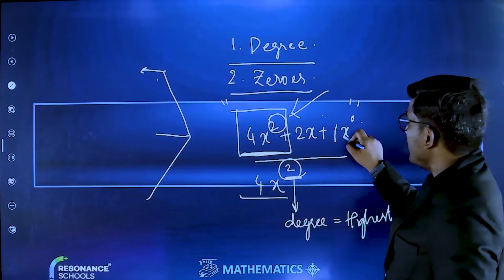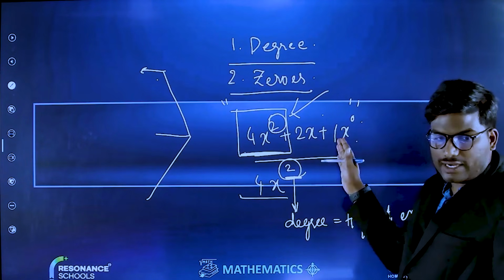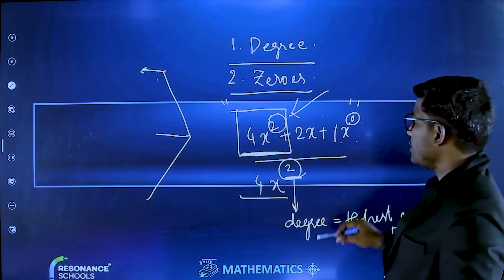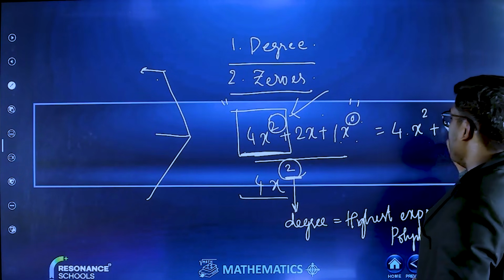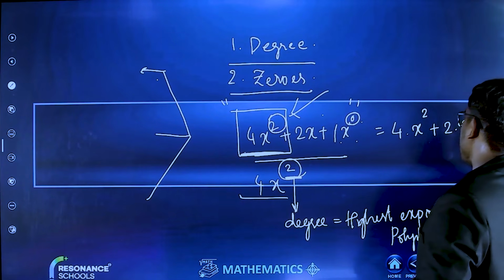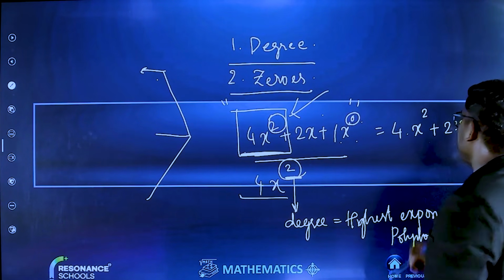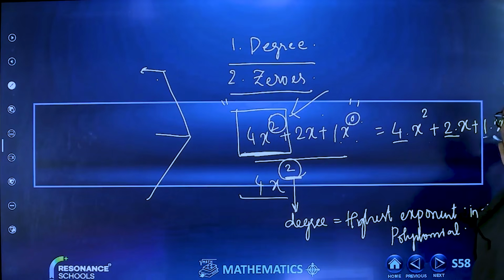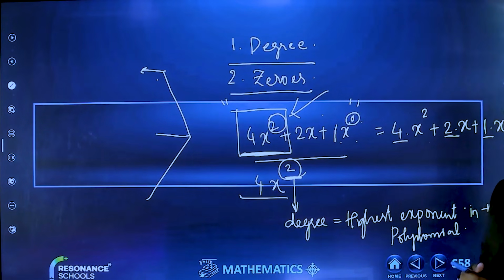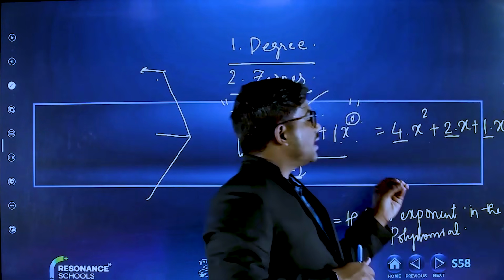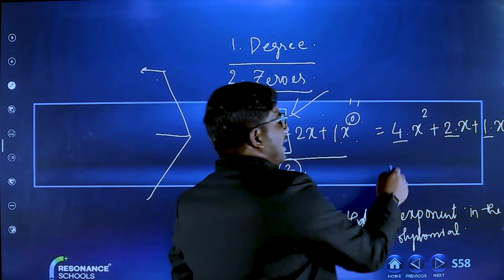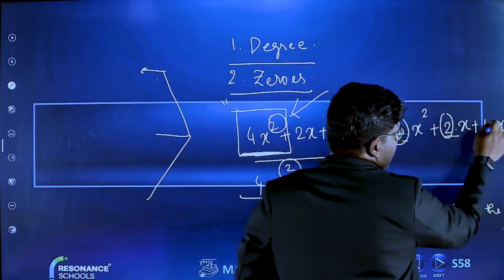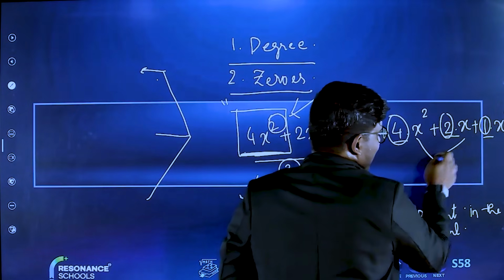1 can be written as 1 into x to the power 0. Now this expression becomes 4 times x square plus 2 times x plus 1 into x power 0. Now 4, 2 and 1, they're all coefficients of the terms in the polynomial. Apart from the coefficients, we have the variable terms as well, right?